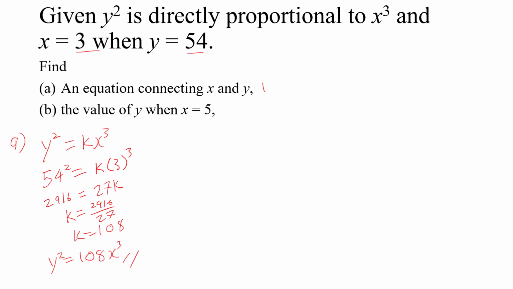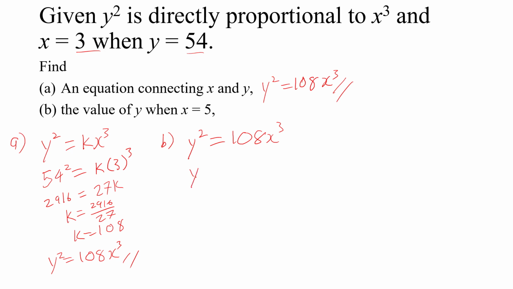Alright. So this will be the equation connecting x and y. So part B, find the value of y when x is equal to 5. Again, I now know the specific equation to this question.